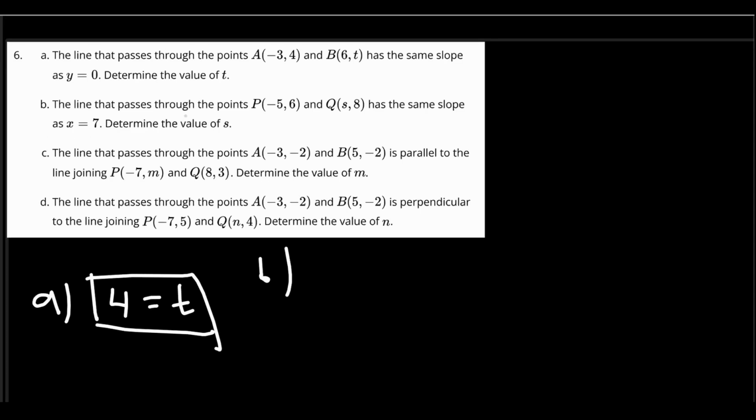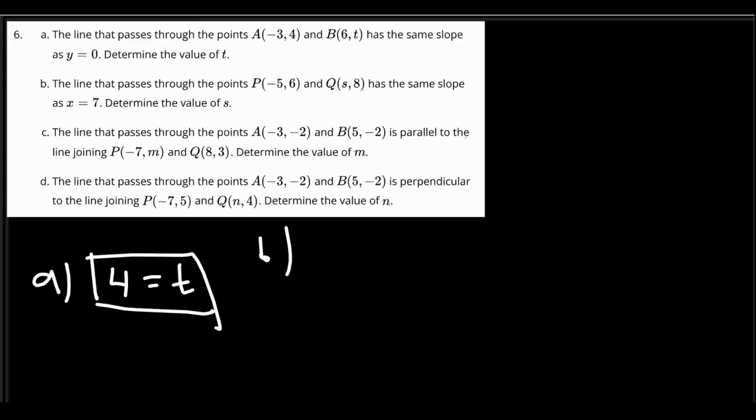Now for B, it says the line that passes through the points P and Q has the same slope as x equals 7, so you have to determine the value of s. The slope of this equation here is undefined, and the line here has the same slope. We would have to plug in undefined into our slope formula, which doesn't work.